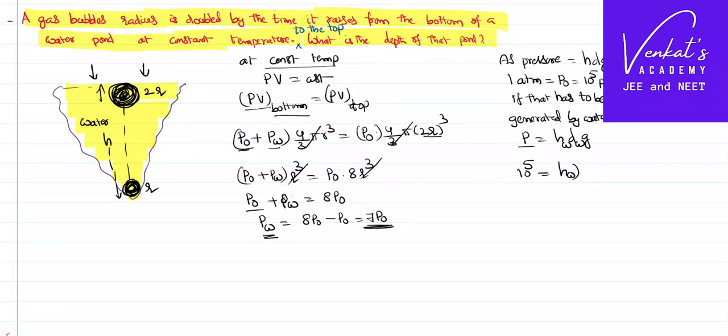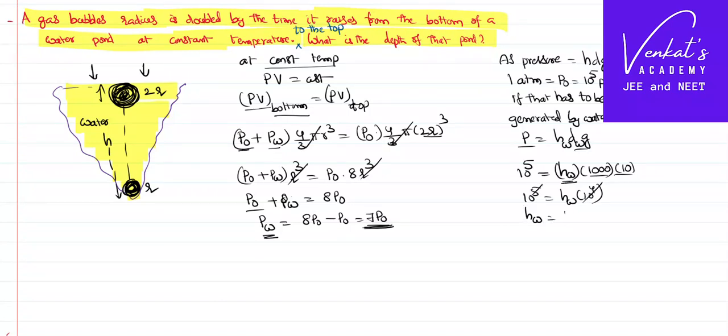To generate 1 atmospheric pressure, how much height of water is required, you want to find out. The density of water is 1 gram per cc or 1000 kilogram per meter cube. g is approximately 9.8 meter per second square; I have rounded it off to 10. So 10 power 5 equals height of the water into 10 power 3 and 10 power 1, that is 10 power 4. 10 power 5 and 10 power 4, 10 power 4 will be cancelled.